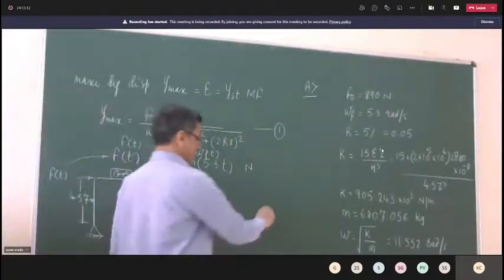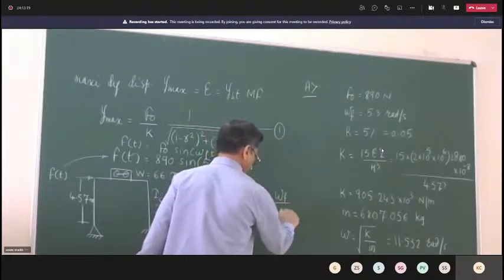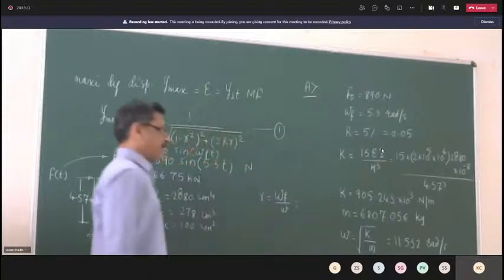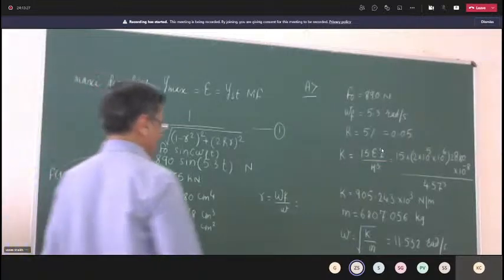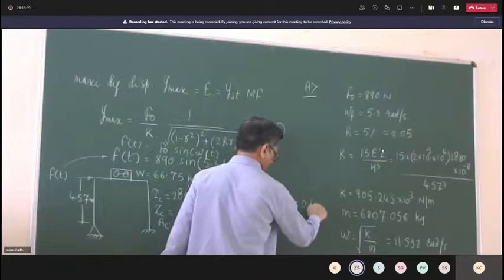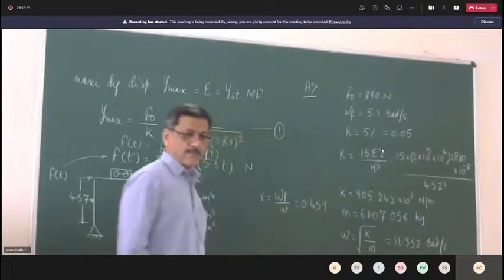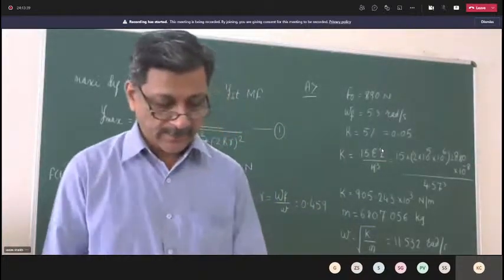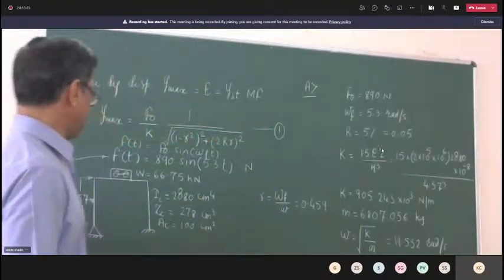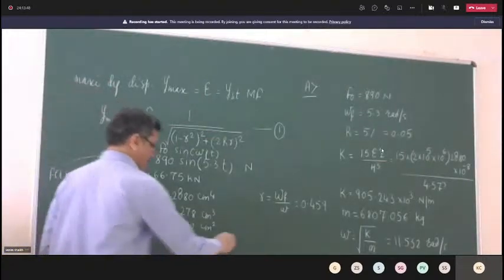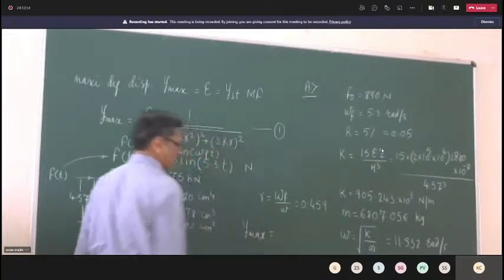And now you can get the frequency ratio, forcing frequency omega f upon omega, which is 0.459. Now substituting all these in equation 1, you will get y max, the amplitude of steady state response.